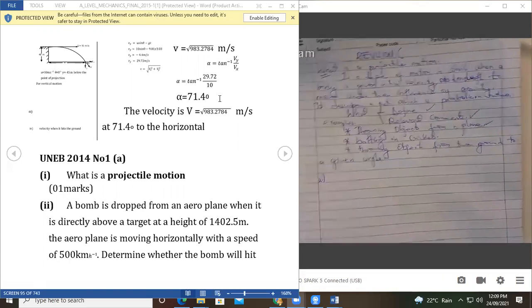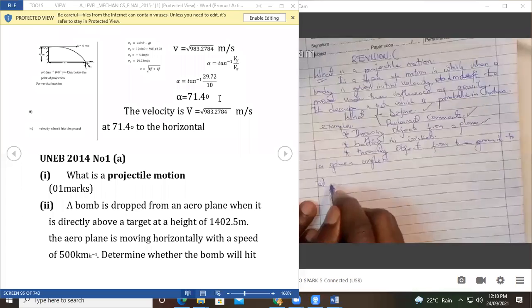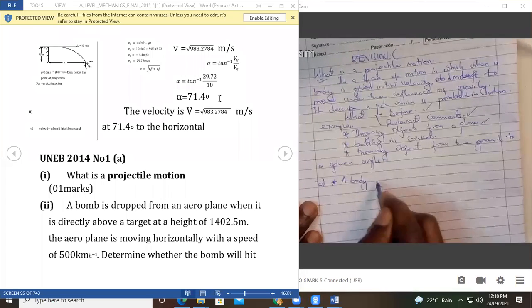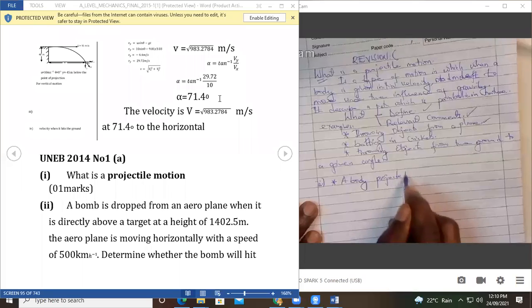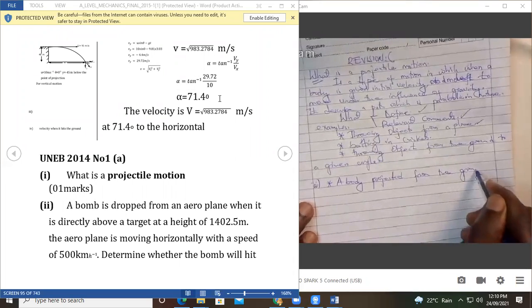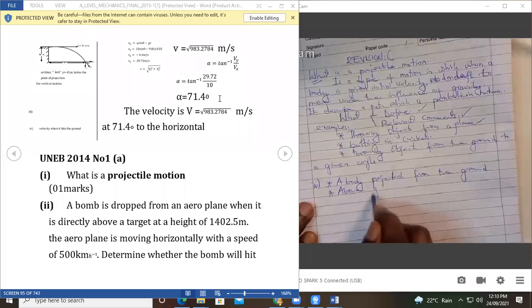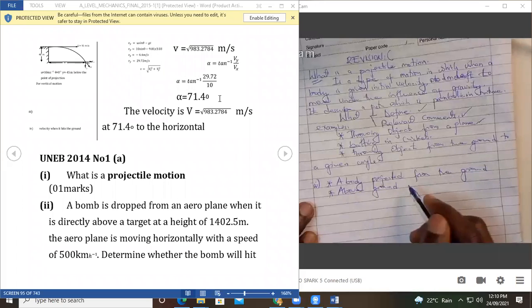If you remember very well, we said there are 3 cases here under projectiles. One, a body projected from the ground at a given angle. The second one, when a body is projected from a given height above ground level.